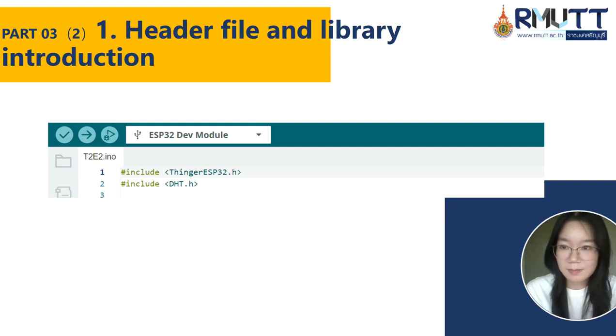The SinoPoint ESP32 library is used to connect to the IoT platform, and the DHT library is used to drive the temperature and humidity sensor. These libraries provide encapsulated APIs to simplify the development process.